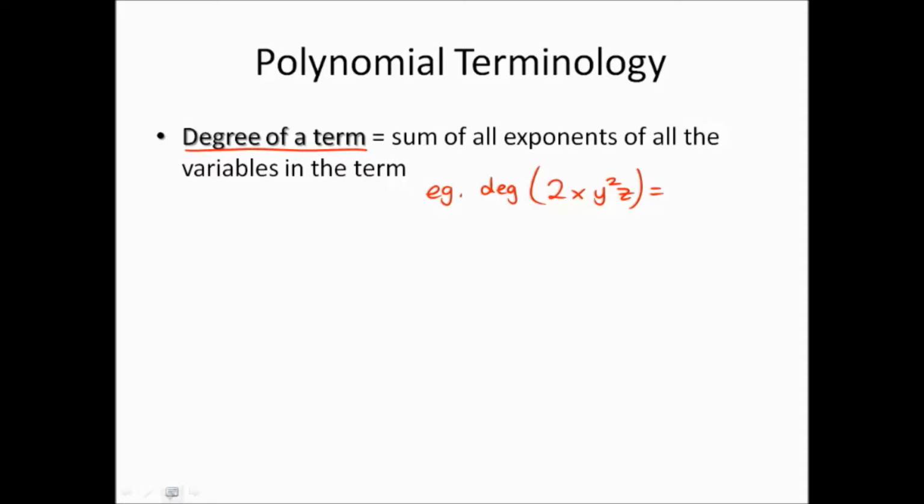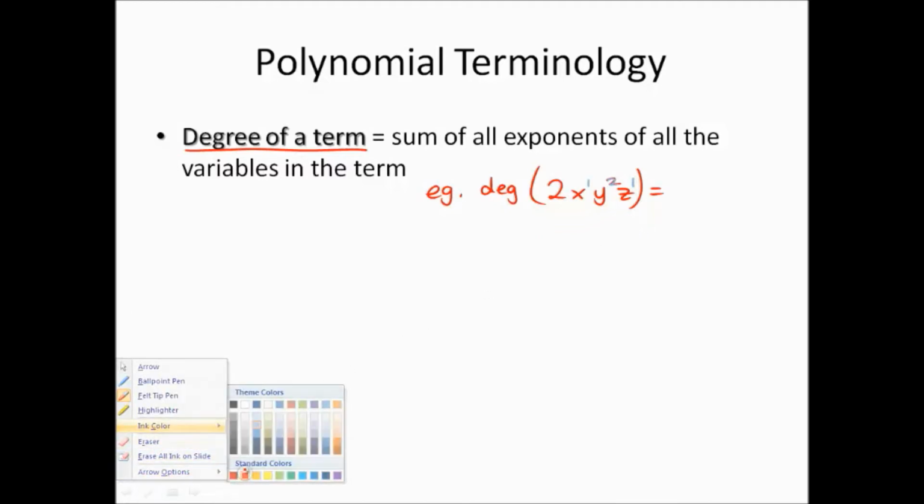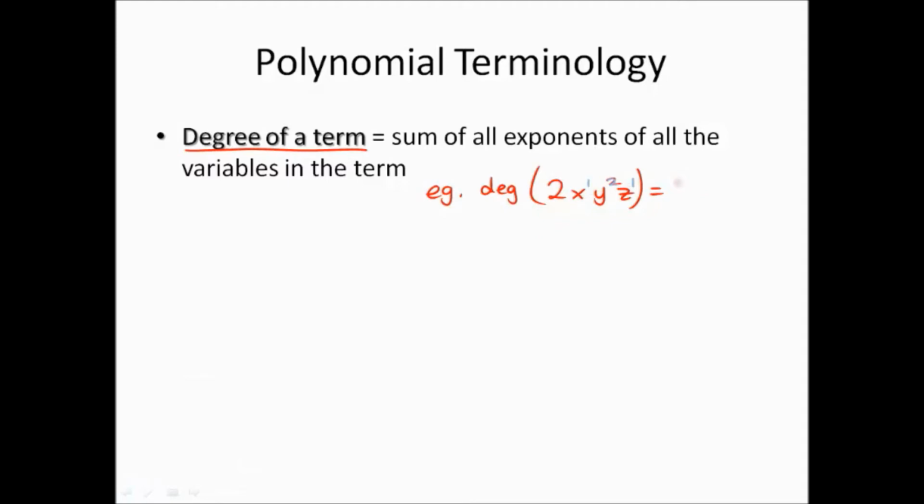Well, you have exponents. The exponent on x is 1, the exponent on y is 2, the exponent on z is 1. So the degree of that term is the sum of 1, 2, and 1, which is 4.